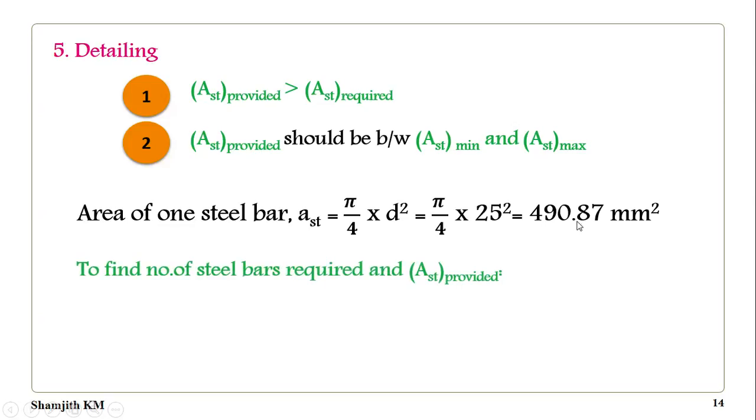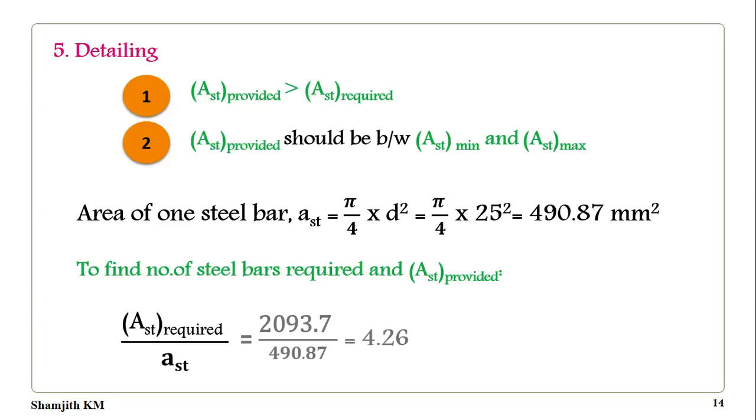To find the number of steel bars required and AST provided, we will do this calculation. The AST required is divided by the area of a steel bar.